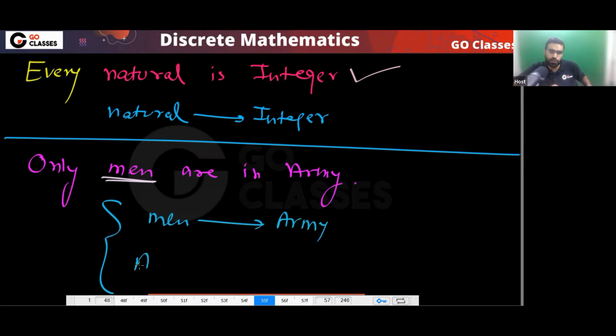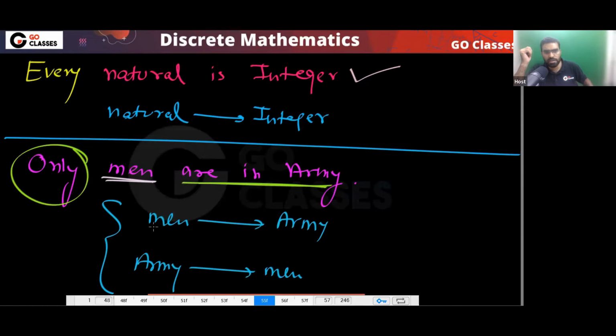Or does it mean if you are in army, then you are man? Let me know. I am saying only men are in army. Does it mean man implies army? No, it implies that if you are in army, then you are man.